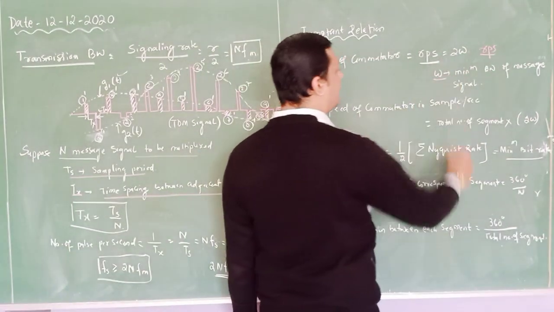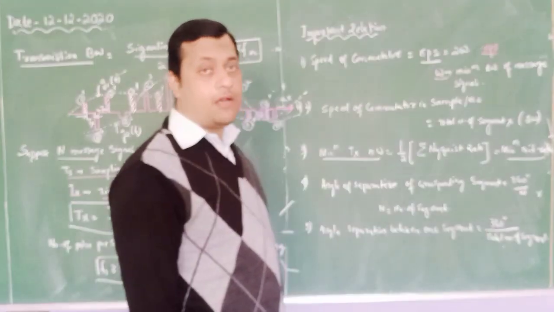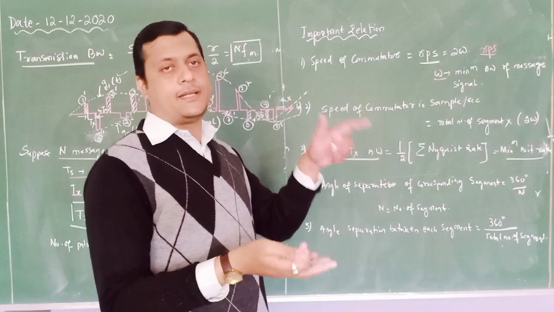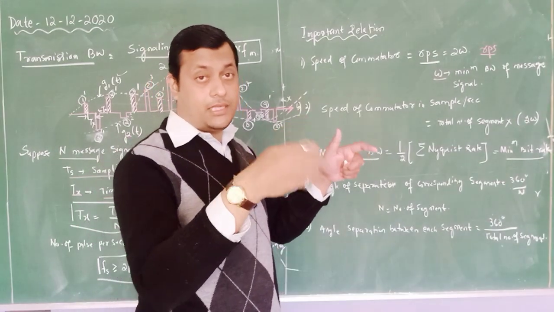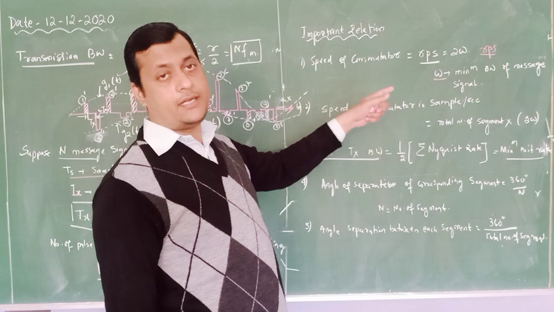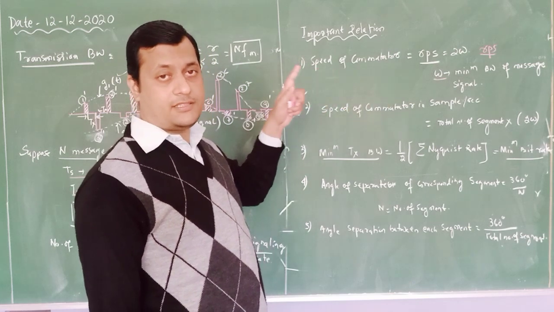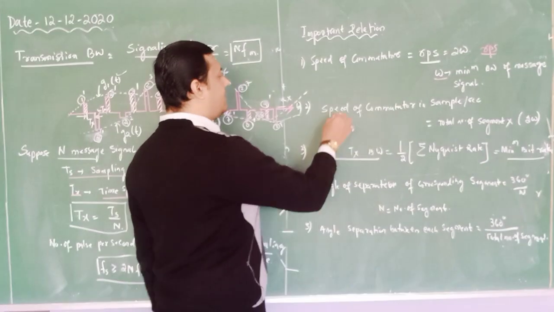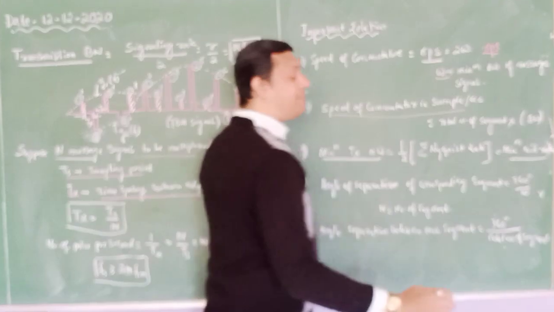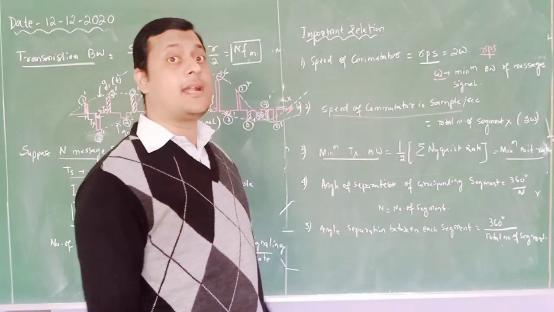What is omega? Omega is the minimum bandwidth of a message signal. If there are 4 message signals, identify the minimum bandwidth and multiply it by 2, and it will become the commutator speed. Second, the speed of the commutator in samples per second. Sample means there are n number of samples.